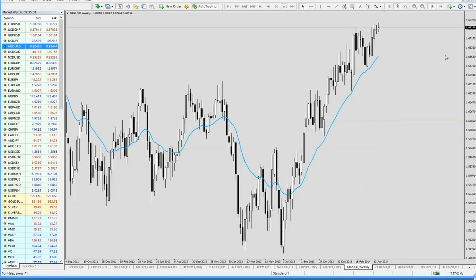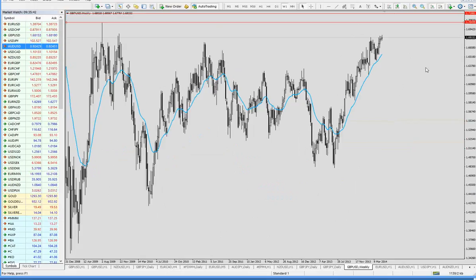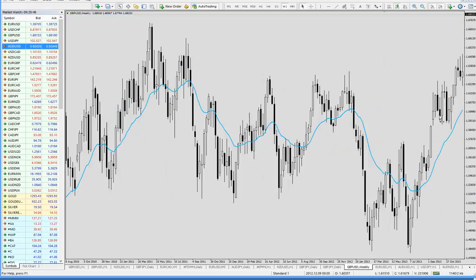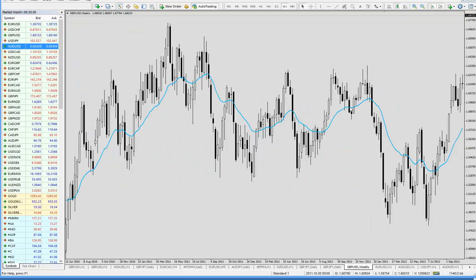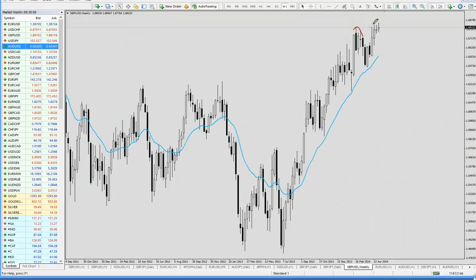Now let's try to take a look at weekly. Nothing. We're trying to go higher here.